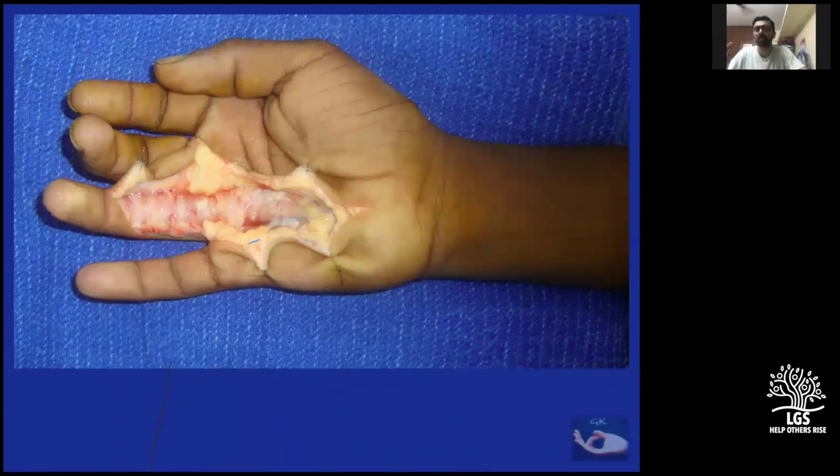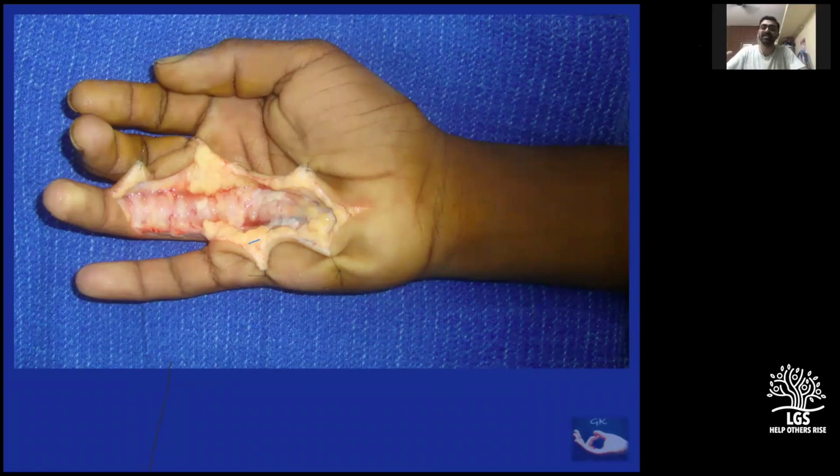He doesn't have the index finger. If the CMC is there and there is a stump of the metacarpal, then you have kept the metatarsal bone onto that metacarpal, so there is a joint. So you need to reanimate that joint, so you need to do an opponensplasty.